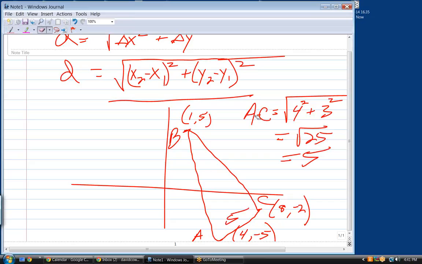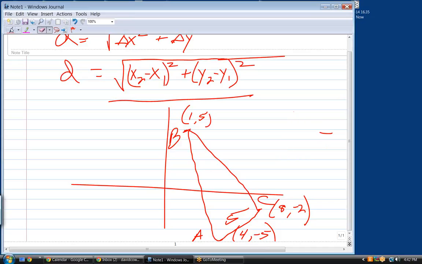Now let's figure out B to C. Square root of what? Would I use B as y2 or B as y1? If we're going from B to C, the only thing we care about is the distance between the x coordinates and the distance between the y coordinates.